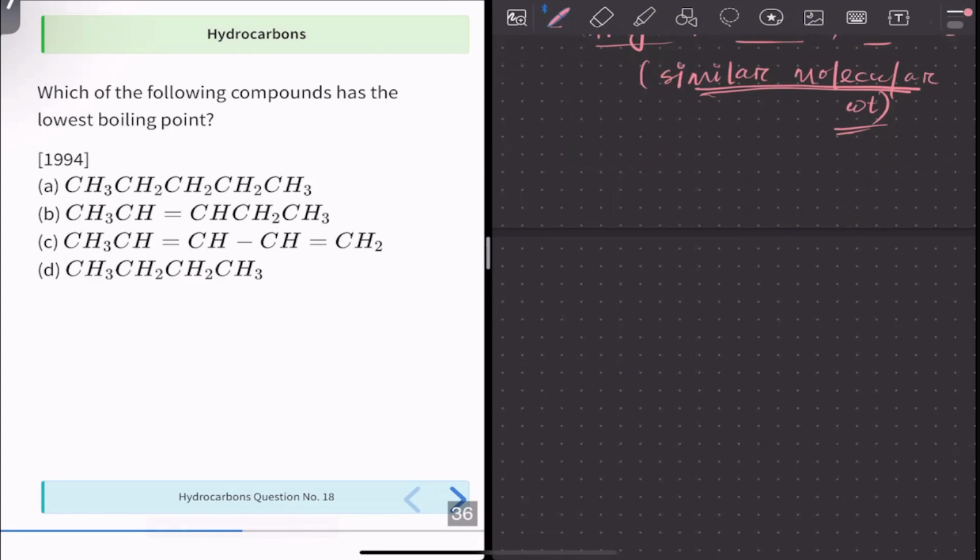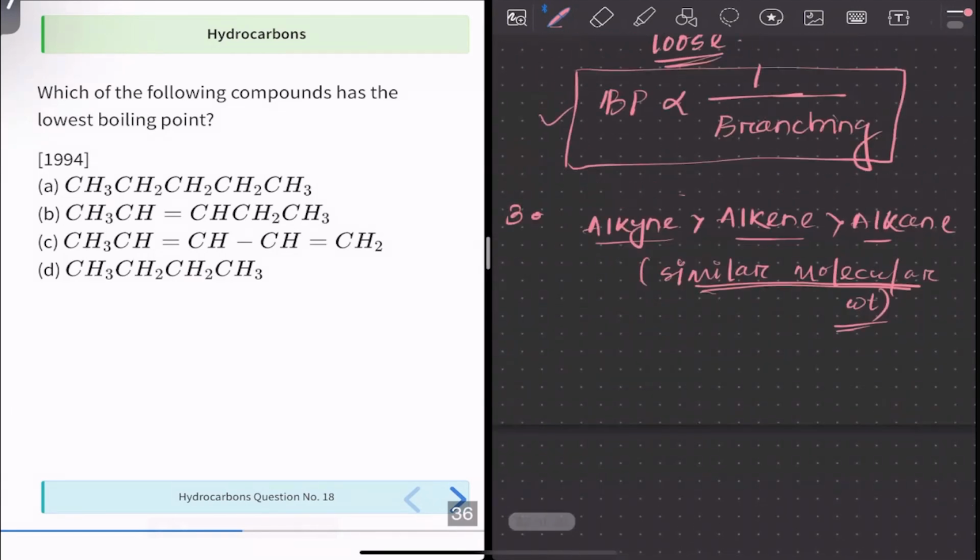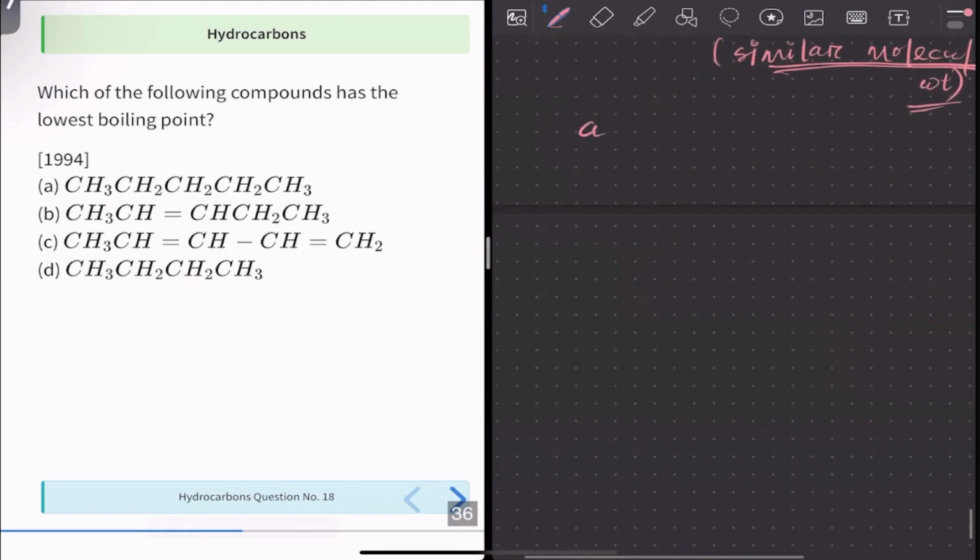So in this question, let's focus on the options CH3, CH2, CH2, CH2, CH3. First of all, we'll see the molecular weight. The molecular weight of a hydrocarbon majorly depends upon the number of carbon atoms. So we'll count the carbon atoms here. Option A has 5 carbon atoms, option B has 5, option C also has 5 carbon atoms, but option D has 4 carbon atoms.